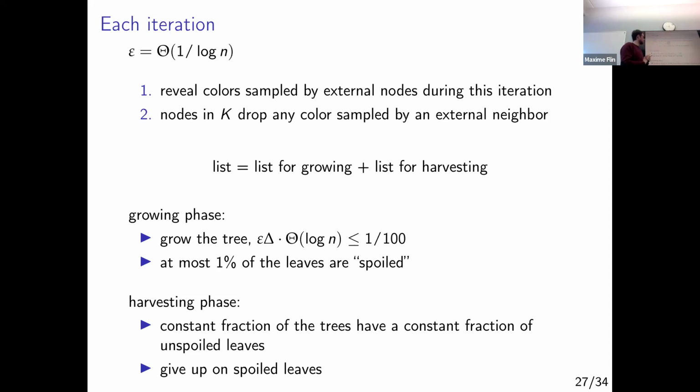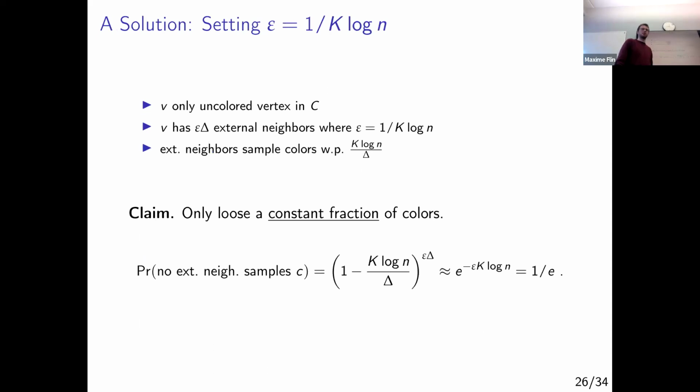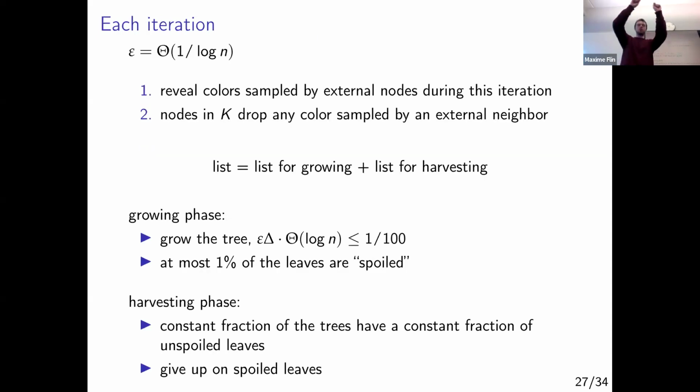Intuitively, it's not the complete truth, but just before, I said you lose a color with constant probability. So if you do this for all the nodes in parallel, the probability that you lose too many colors from the specific set of colors you care about should only represent a constant fraction of the field.